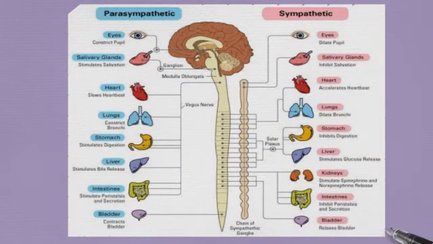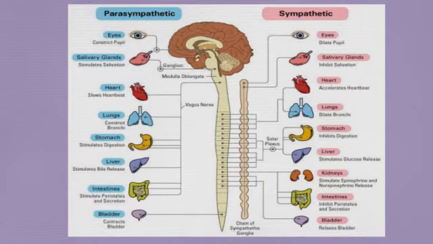So when we are discussing the outline of the autonomic nervous system, you can see in this figure that the higher centers of this system are the brain and spinal cord. This higher center is responsible for controlling all the visceral and autonomic functions of the body. When we are talking about the higher center, we are talking about it collectively. Actually we have centers in the medulla, then the hypothalamus, then the reticular formation, and then the cortex.